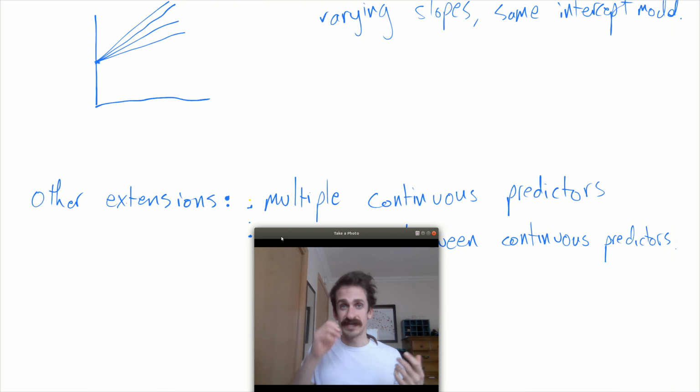But this includes ANCOVA and allows for some even more complex types of analyses. So if you hear someone talk about ANCOVA and you understand this, then you understand ANCOVA, but it just might be using terminology that you're not quite familiar with.